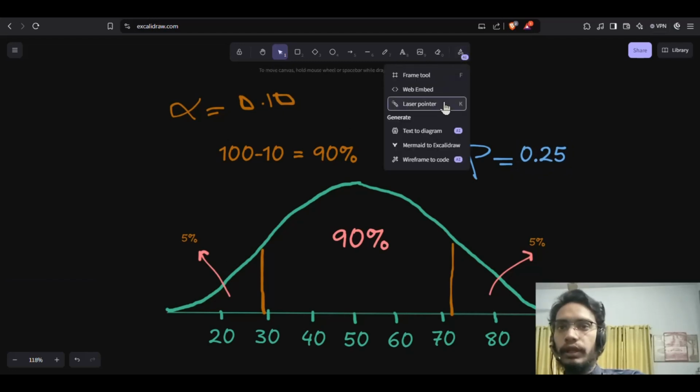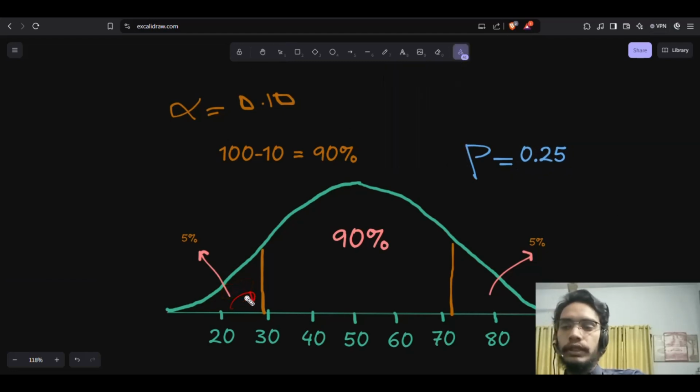We say that it lies outside the region, then it is in this region. This is a critical region. Then we can say that we reject our null hypothesis and we say that the coin is unfair. We accept the alternate hypothesis, and we say that the coin is unfair, right?